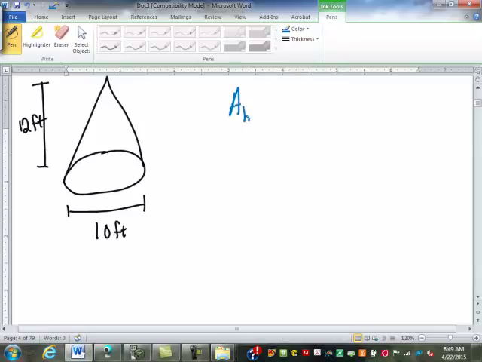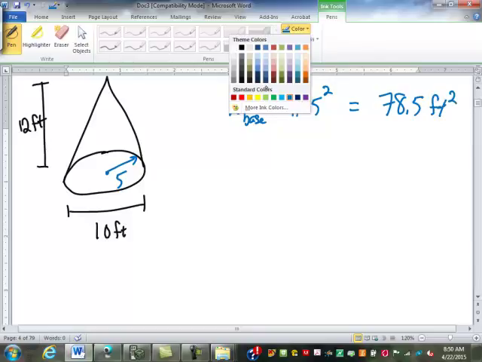How do I find the area of the base? Pi times radius squared. What's my radius? 5. So pi times 5 squared is going to give us 78.5 square feet as the area of my base.